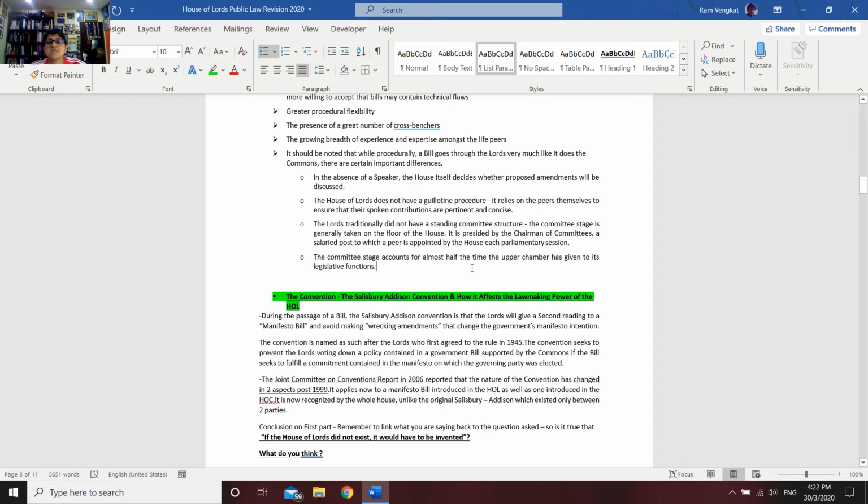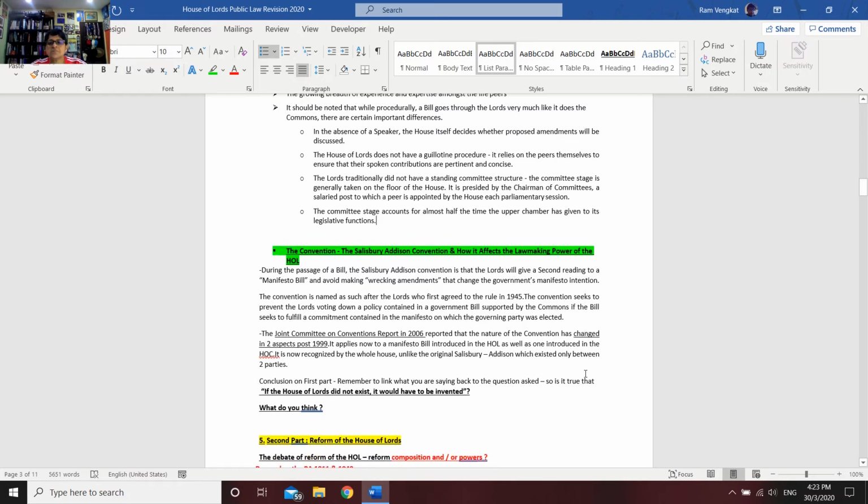Basically, the Salisbury-Addison Convention is a convention that says that if the government of the day have already, as part of their electoral manifesto, promised something to the public in the form of a law, then the House of Lords must not resist this. The House of Lords must not have wrecking amendments on this. They must allow the House of Commons to make law on what they promised.